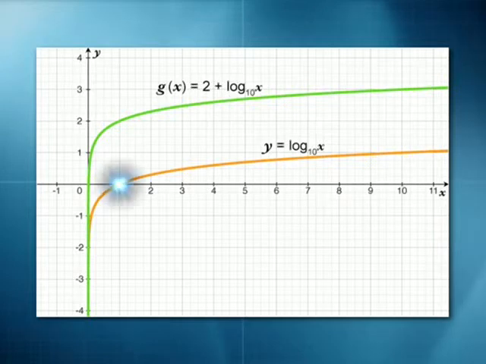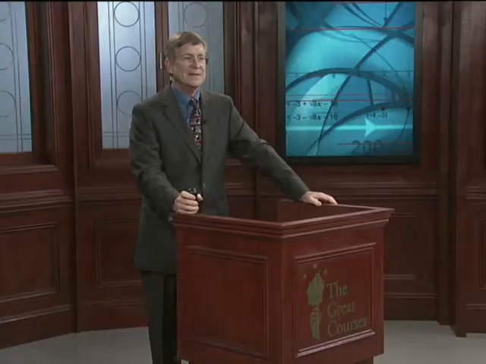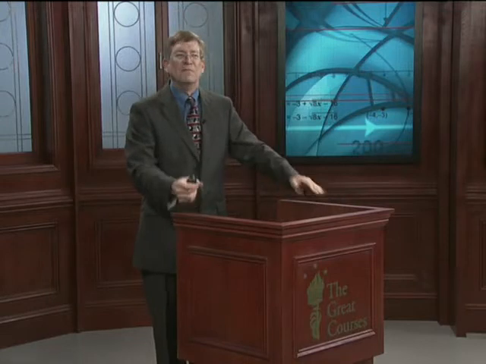So remember, (1, 0) is on the graph of log base 10 of x. That's the intercept. So that point (1, 0) gets motored up 2 units. That intercept, which used to be at (1, 0), is now at (1, 2). Okay, it's a shifted logarithm, a vertical shift of the logarithm function.